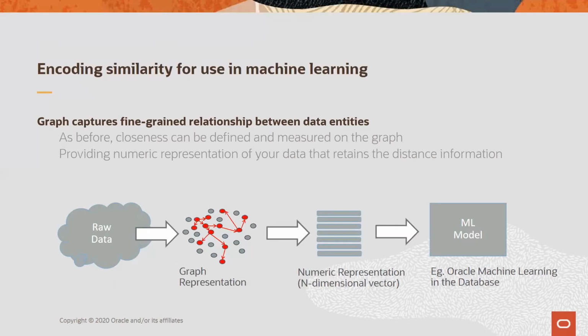There's a lot more information captured in the graph which you can make use of. But as you've already learned, as an input to your machine learning model, you need a numeric representation of what you're looking at, right? No matter if you use Oracle machine learning as the platform, or the machine learning capabilities in datascience.com, no matter what your favorite platform is, you need a representation of the graph.